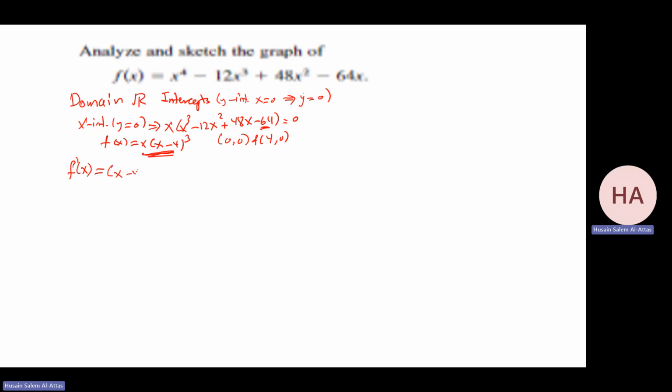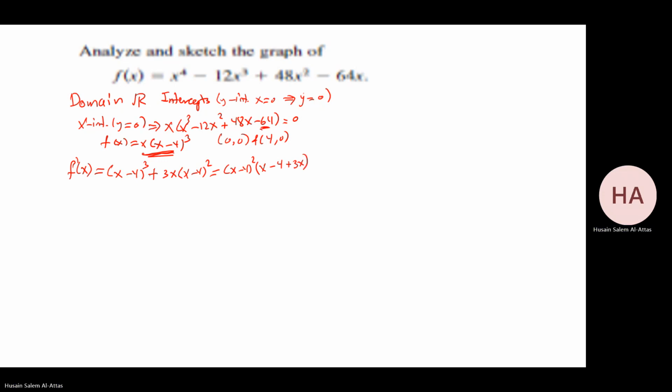That will be x minus 4 cubed times 3x plus 3x times x minus 4 squared, which is x minus 4 squared times x minus 4 plus 3x.